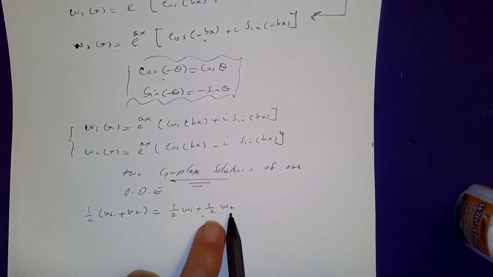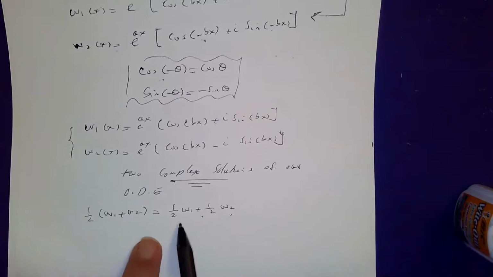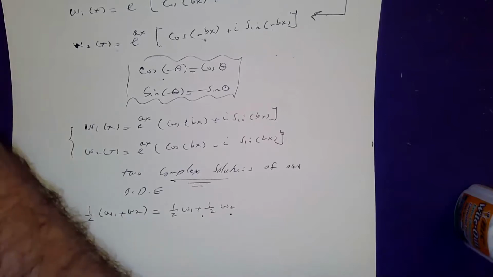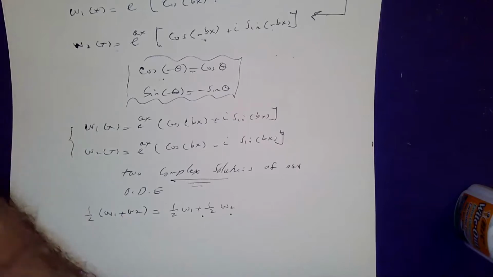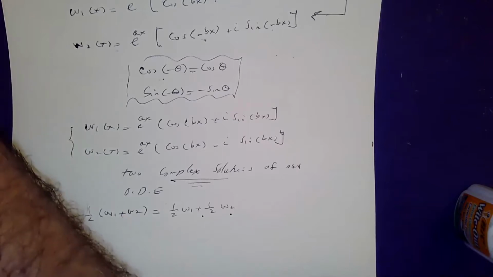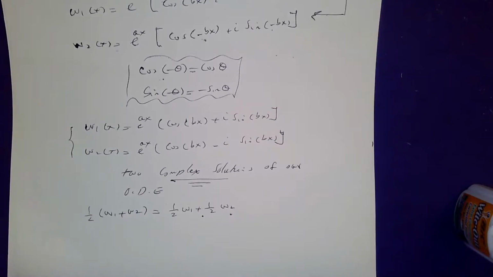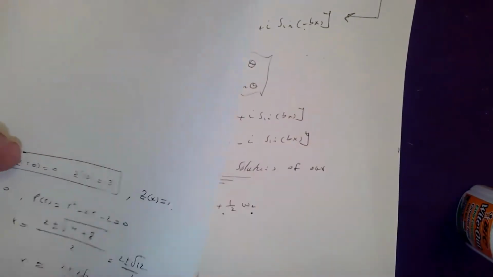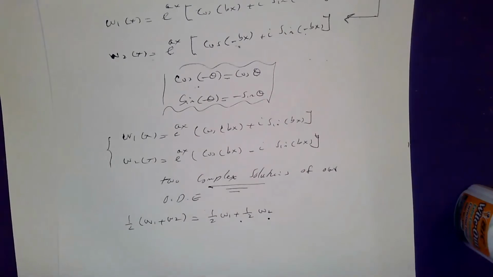So I'm going to say C1W1 plus C2W2. I happen to choose the C's as being 1/2 each. And you will see in a minute why we chose 1/2. Can you tell? Why is it we chose 1/2?